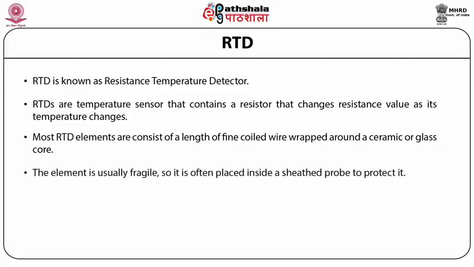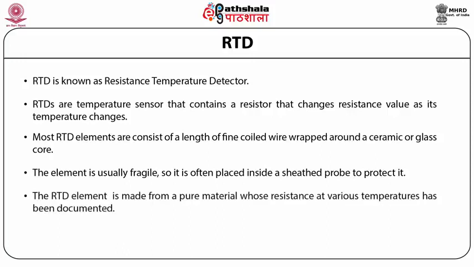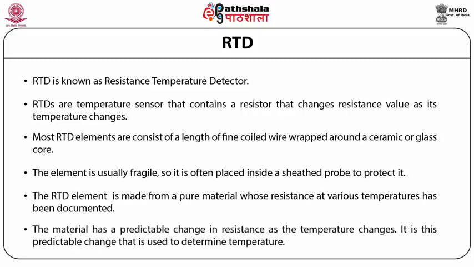The element is usually fragile, so it is often placed inside a sheathed probe to protect it. The RTD element is made from a pure material whose resistance at various temperatures has been documented. The material has a predictable change in resistance as the temperature changes. It is this predictable change that is used to determine the temperature.